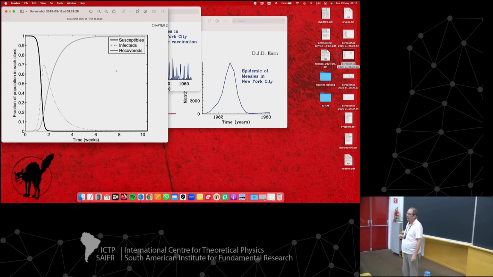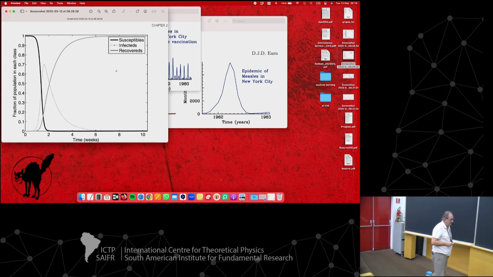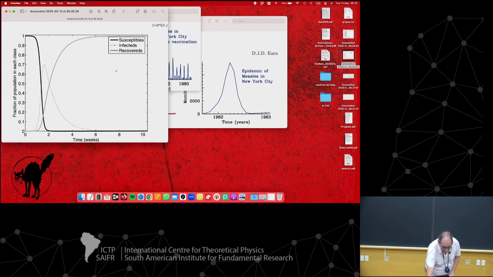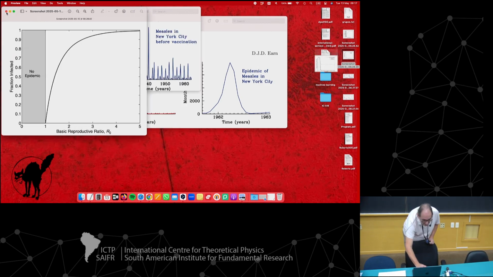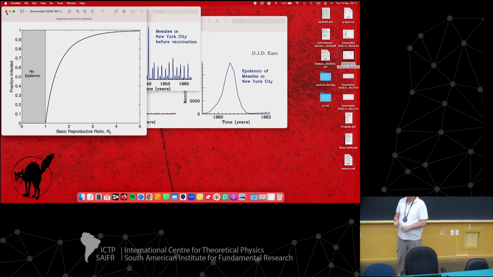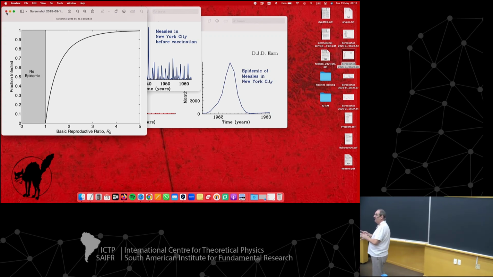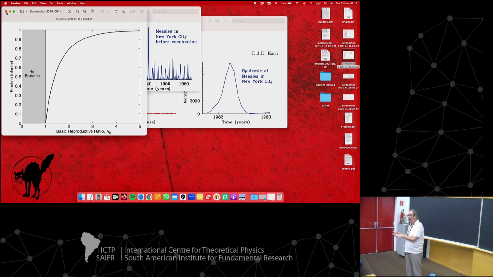Right? And then we looked at this, and there are other things that we could derive: at the end of the epidemic, described by the SIR model, there are still susceptibles. Not everybody has been infected.